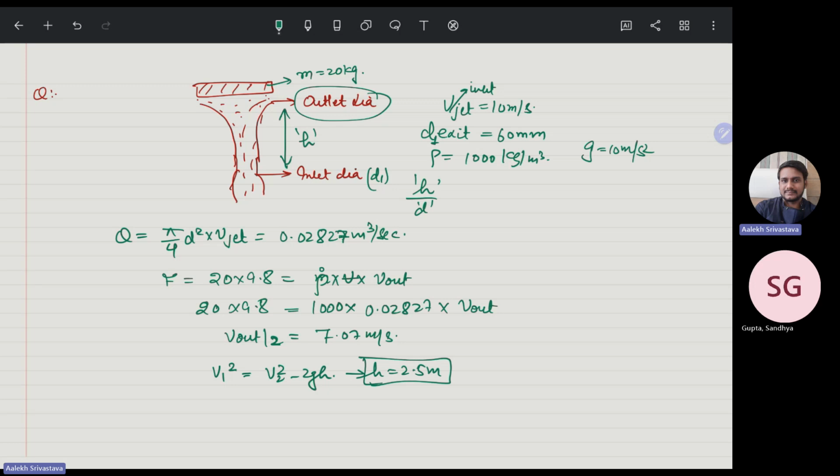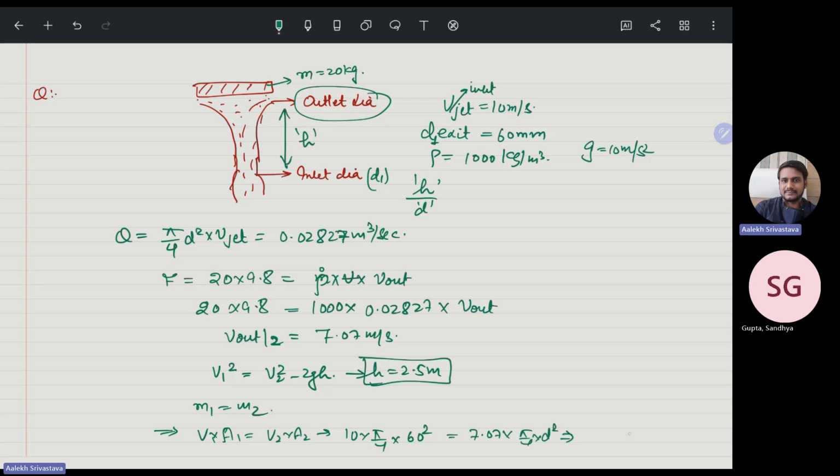Now, what is the diameter at the outlet? You know that whatever mass is going in will go out. So if density is constant, v1 a1 is equal to v2 a2, and it is 10 into pi by 4 into 60 square is equal to 7.07 into pi by 4 into d square.